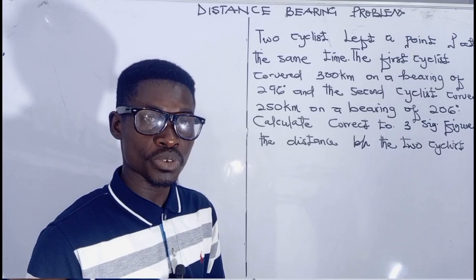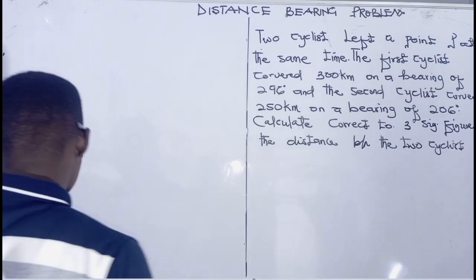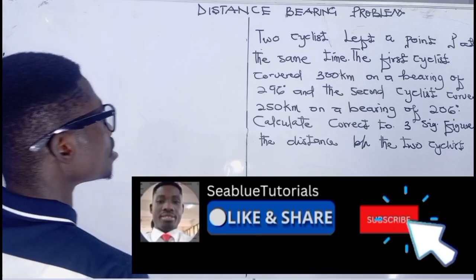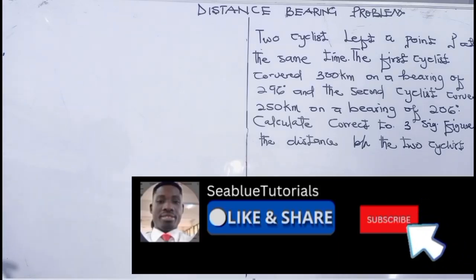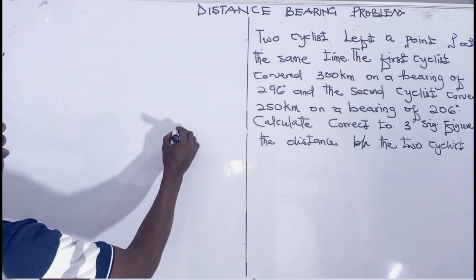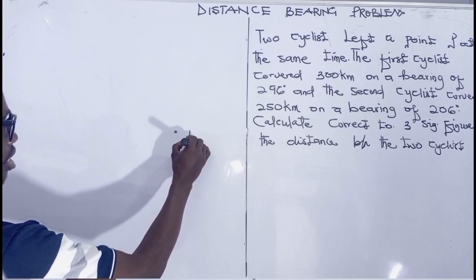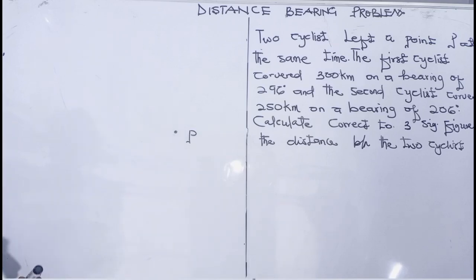This is what I have for you in this very lesson. So we are saying that two cyclists left a point P. So let's identify our point P. Let's take it that this is our point, and this is our P. At the same time, the first cyclist covered 300 kilometers on a bearing of 296 degrees.